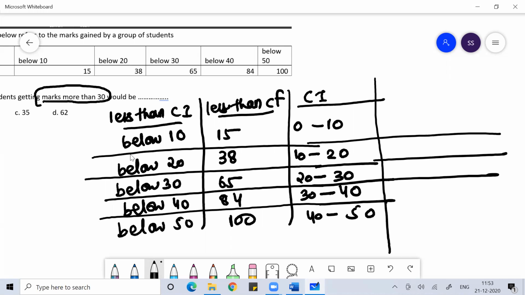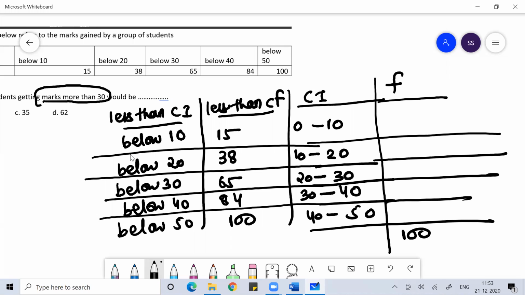Then if you see the frequency is 100, so total it should come 100. Then start with normal. First is 15, then next one is 38 minus 15, means that you will get 23. Then next one is 65 minus 38, then it is 27.